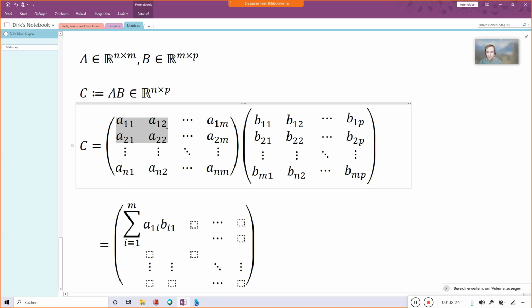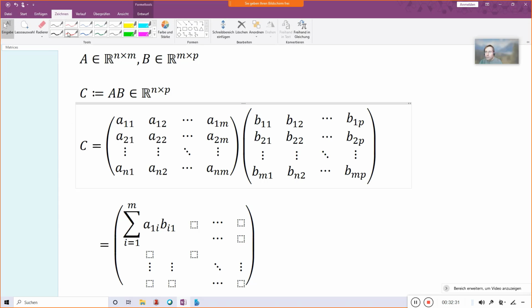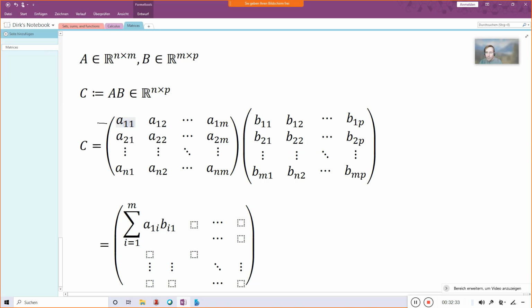One way to visualize this, and what you should get used to, is that we take these elements, tilt the A elements by 90 degrees, overlay them on these elements, multiply all of them. This is what the sum says, and then sum. And this is how we get this first entry here.